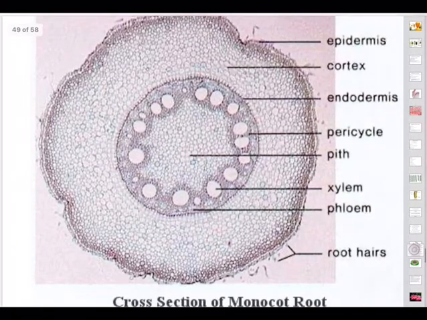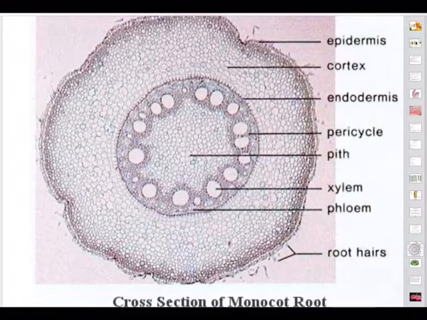Now when you take a TS of monocot root, you can see the presence of epidermis. Look at that, on top, outermost layer, and you can see some appendages also, something like root hairs. And centrally the ground tissue you are seeing is called cortex. Then inside, again for protection, there is endodermis, and further for protection there is a pericycle, and centrally you've got an empty space almost, or a loose parenchymatous tissue, that's called pith.